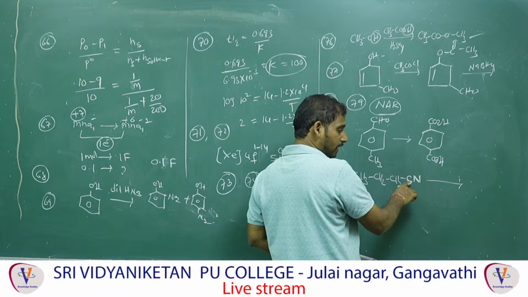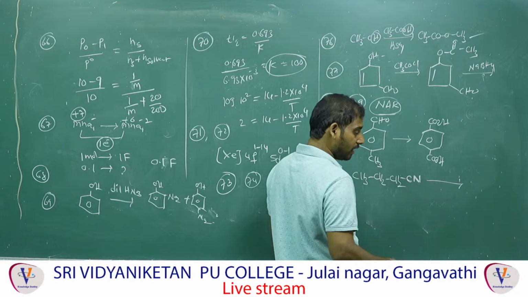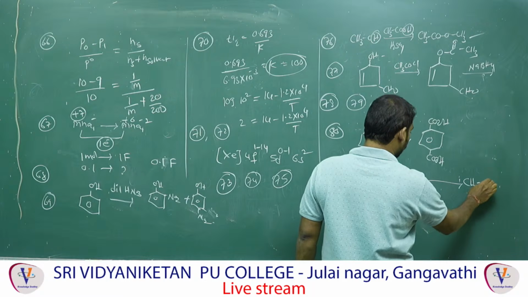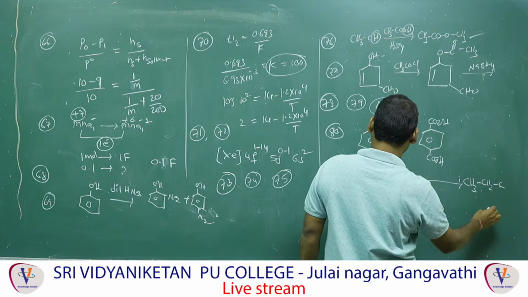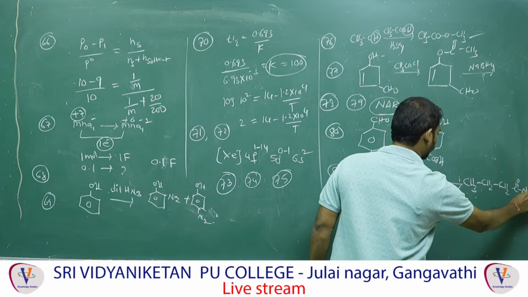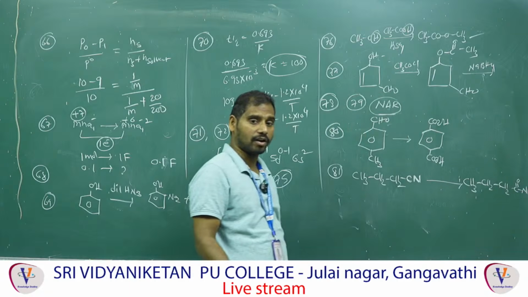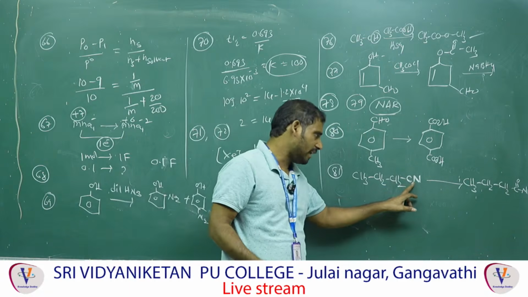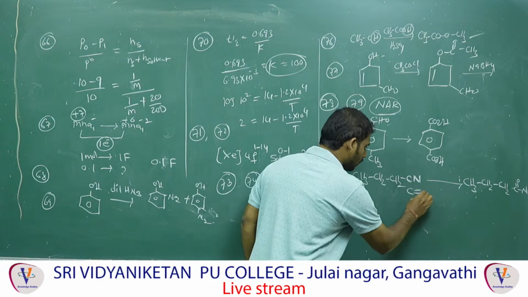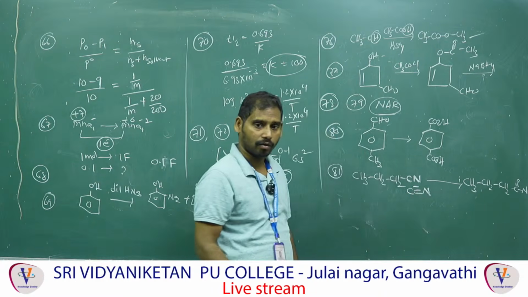Complete hydrolysis means cyanide is directly converted to acid. Partial hydrolysis means it is converted to amide. Cyanide means carbon, nitrogen and the triple bond.